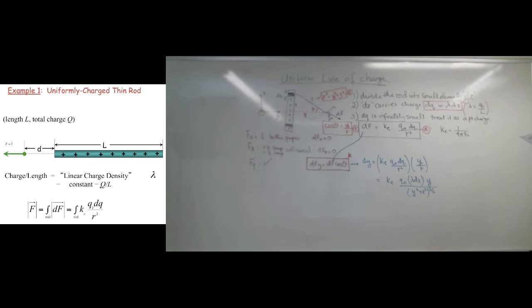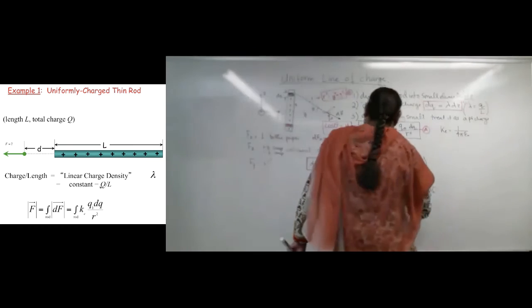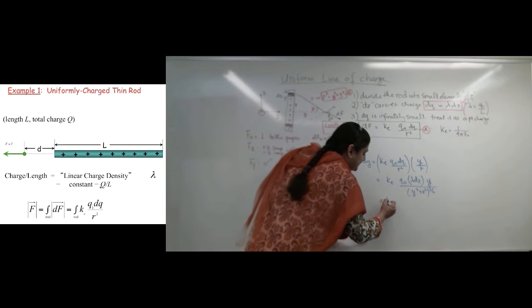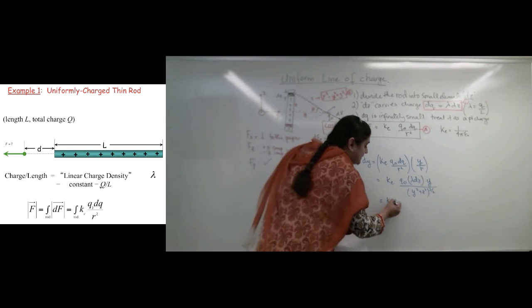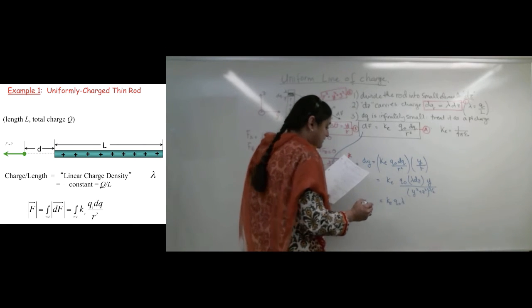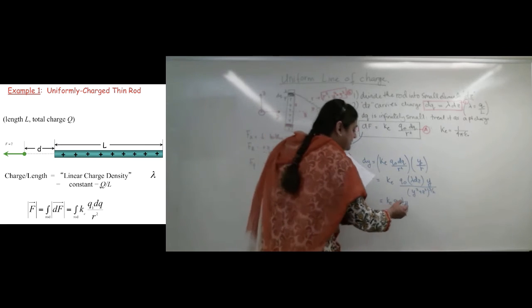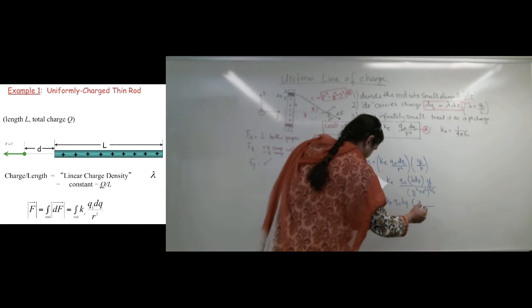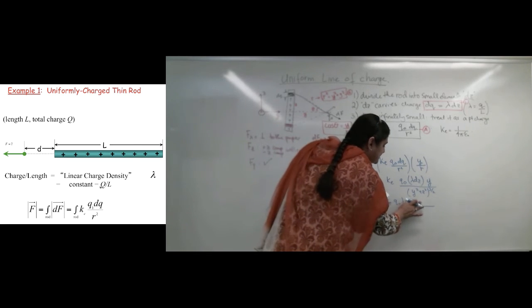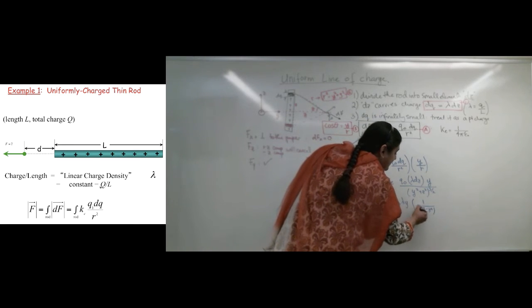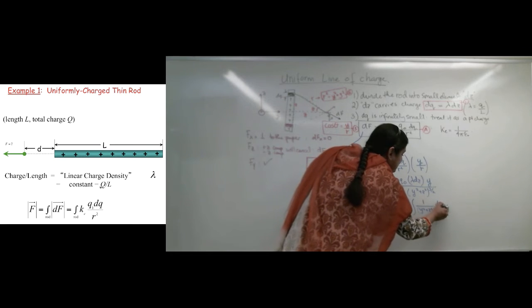What's next? Well, now I can integrate. My integration now is over dz, as I see here. k_e is a constant, it comes out. Epsilon naught is a constant, it comes out. Lambda is a constant, it comes out. y is a constant, it comes out. And my integration is left over 1 over (y squared plus z squared) to the 3/2 dz.